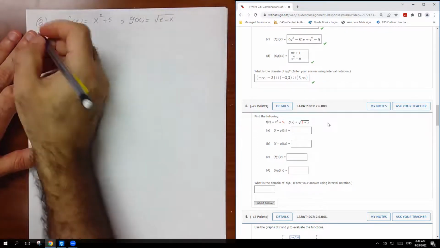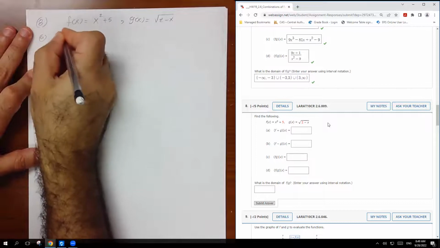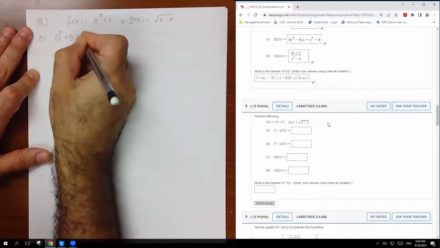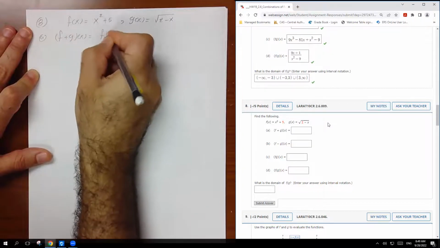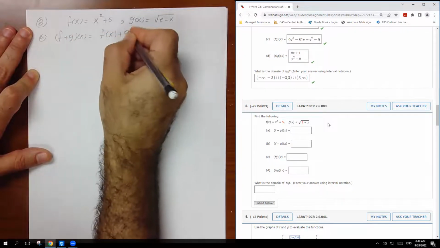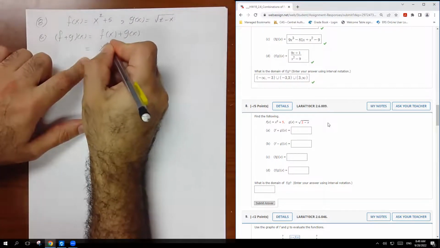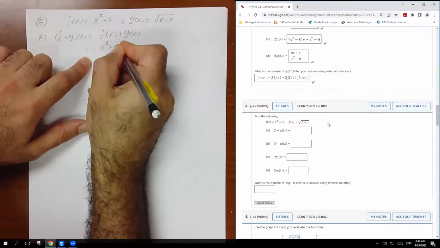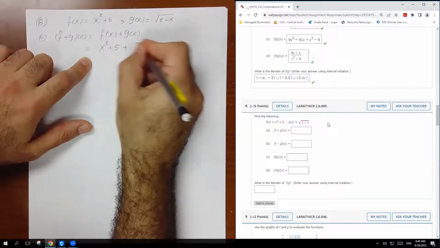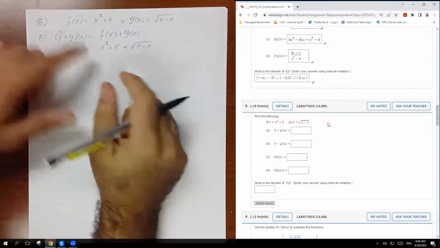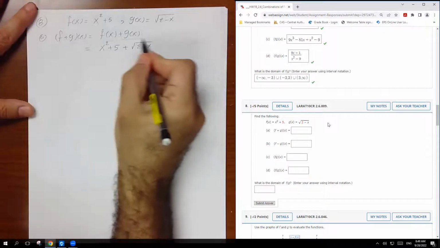So now the first one, f plus g of x is going to be f of x plus g of x, which is x squared plus 5, plus g of x, which is square root of 2 minus x. You can't combine these, so that means this is going to be your solution.